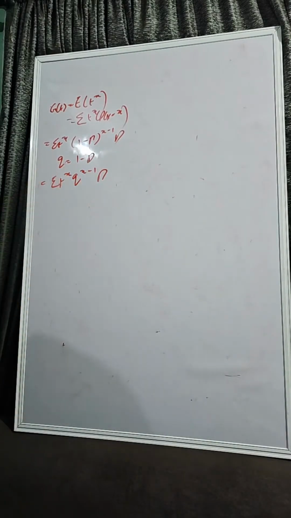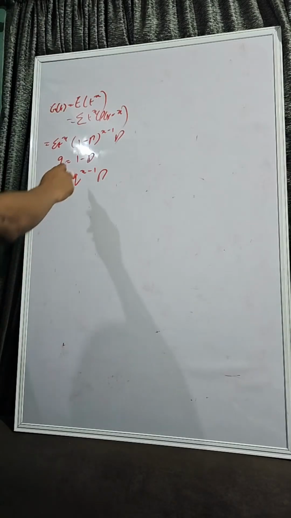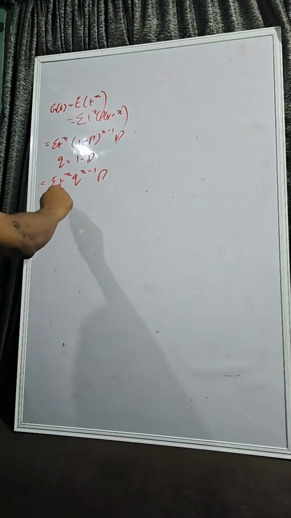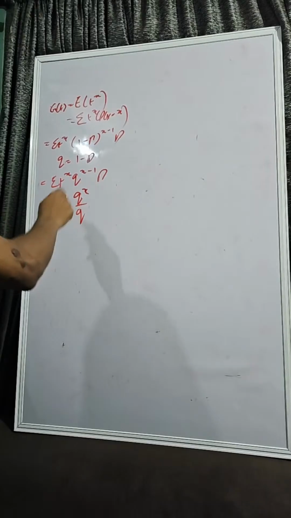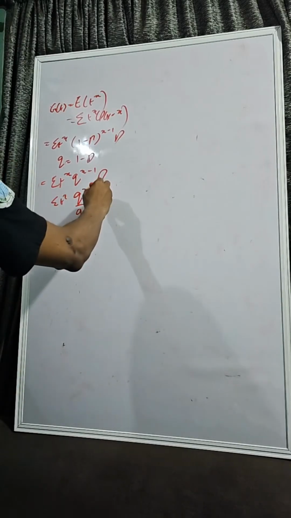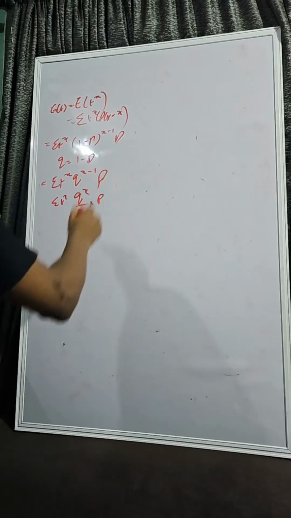So if you look at it very well, what did you notice? This can be rewritten as the summation of t to the x times q to the x over q, times p, don't forget. How do we achieve this?